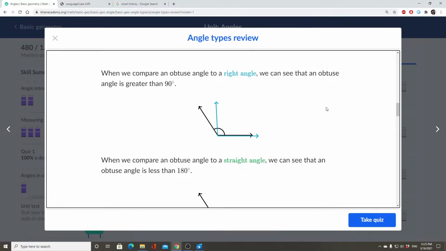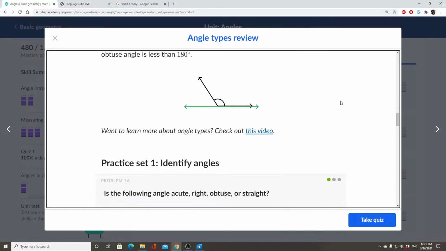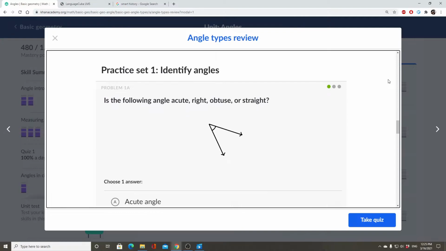When we compare an obtuse angle to a right angle, we can see that an obtuse angle is greater than 90 degrees. I sort of know this already. This is mostly review, I guess. So, I'm not really learning anything new at this point, but when we compare an obtuse angle to a straight angle, we can see that an obtuse angle is less than 180 degrees.